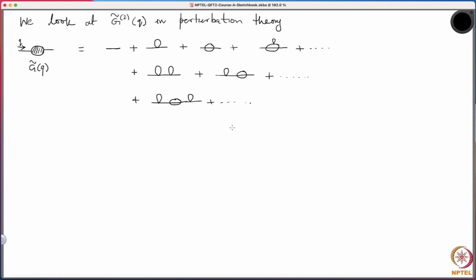There are an infinite number of diagrams and I'm just showing some of these. Diagrams of this kind are called one particle irreducible diagrams.